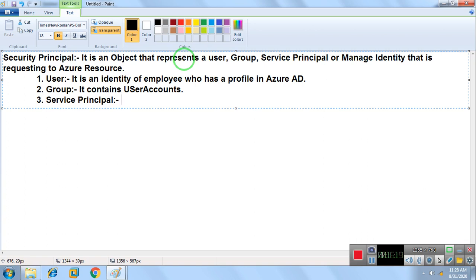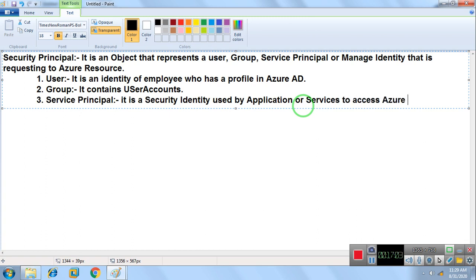It's a security identity used by an application or service to access specific Azure resources.